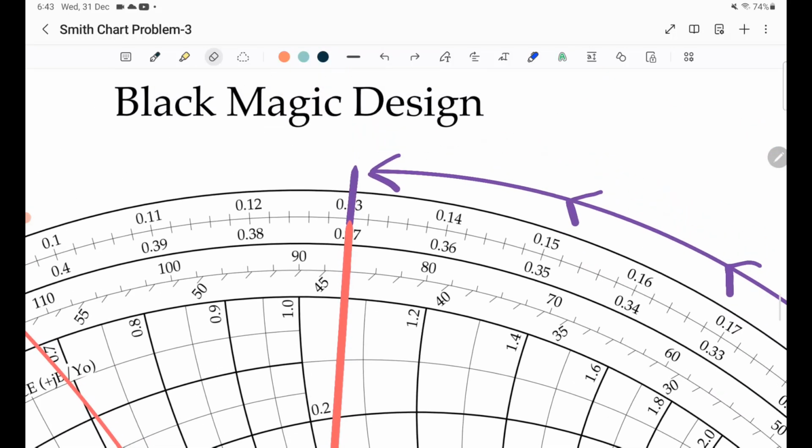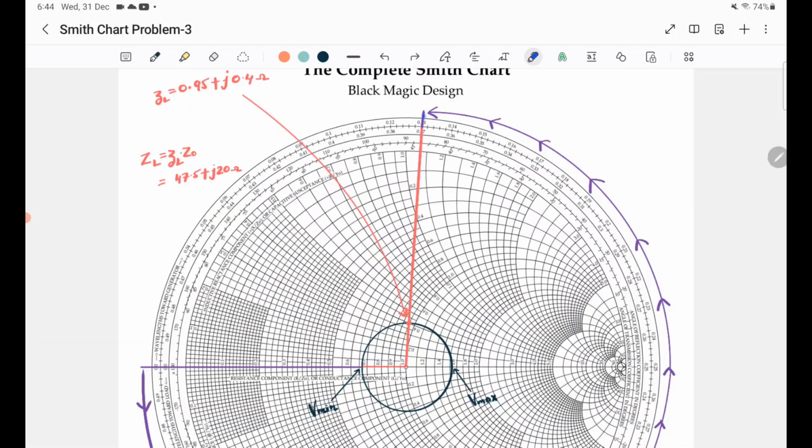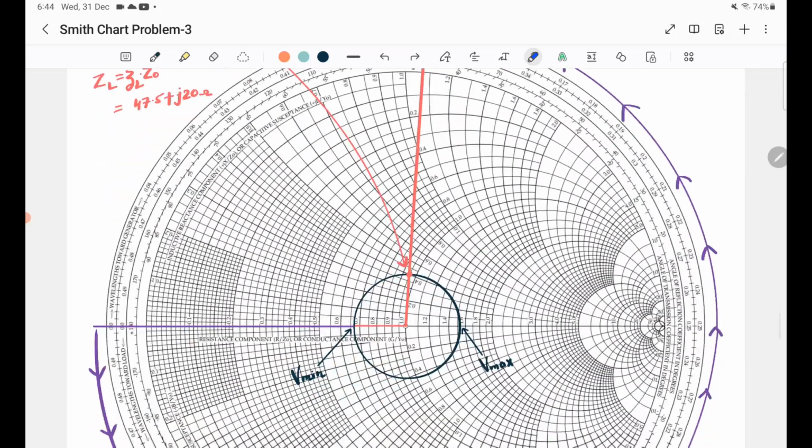Okay, all right. So from this particular point, if you draw a straight line which connects at the center of the Smith chart, it will cut the VSWR circle at some point. This point will tell us the value of the normalized load impedance, which is 0.9 plus j0.4. How do you find that?